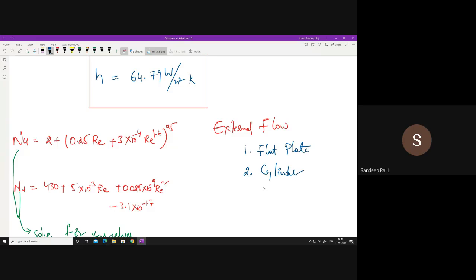And in the cylinder itself, the subcase is the tube bank case. Tube bank or tube tank, whatever you call it. And the third one is the sphere case. So these are the three cases in case of an external flow.